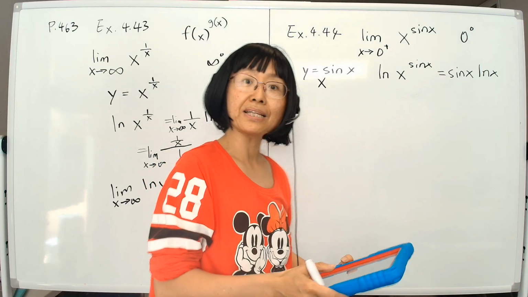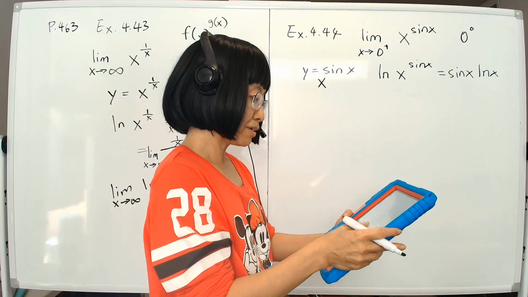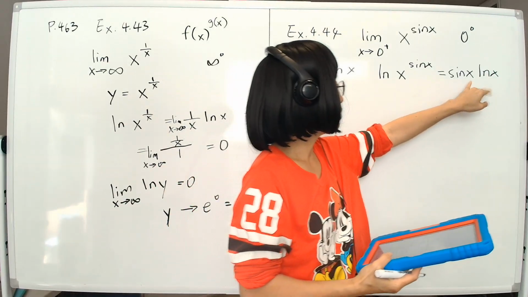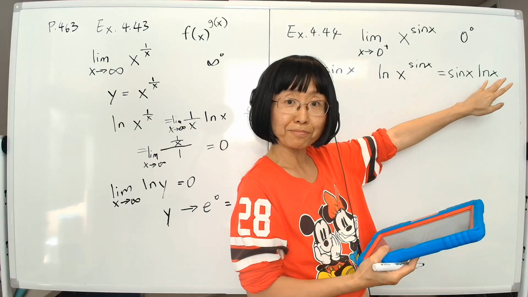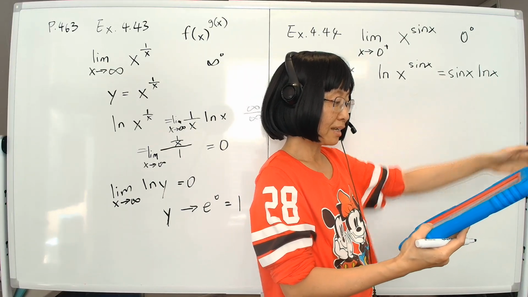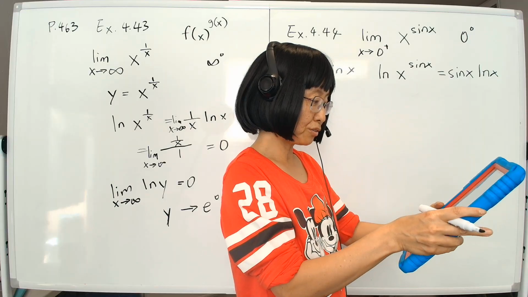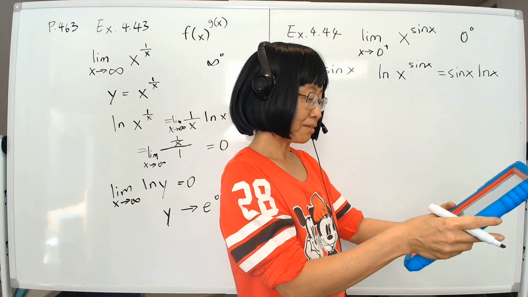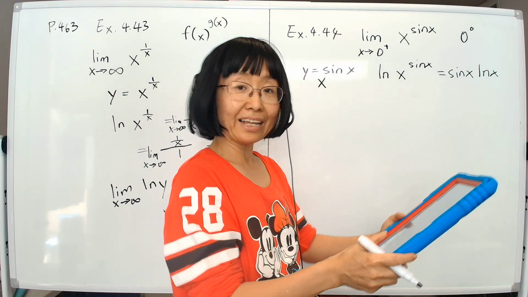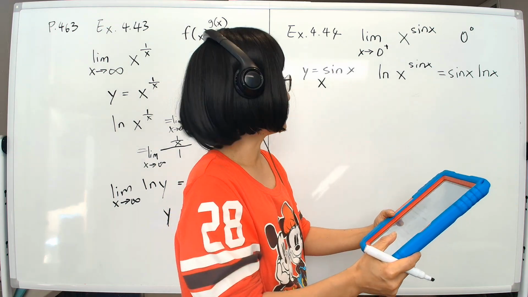So sine x times natural log of x, that's just a product. But to use L'Hopital's rule, we need a fraction. How are we going to do the fraction? Well, one of these things has got to be pushed to the bottom. We can push the natural log to the bottom, but the book tried that and landed in a worse place than before.